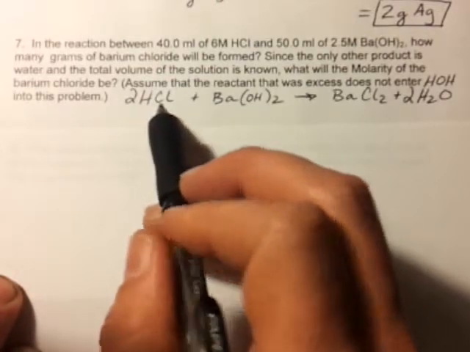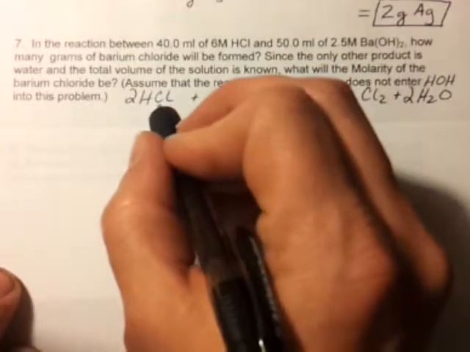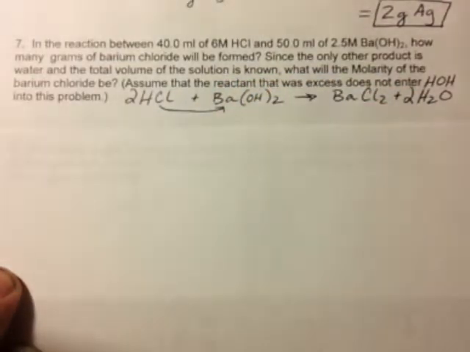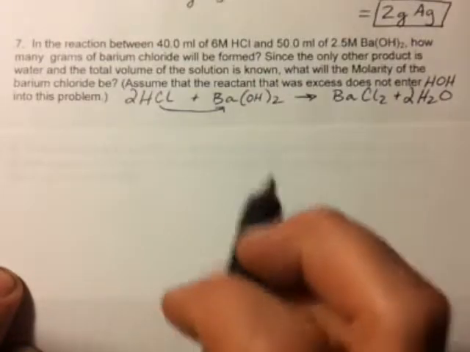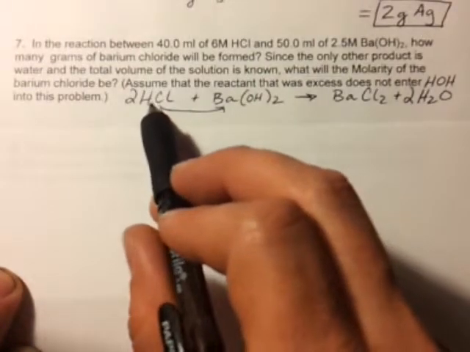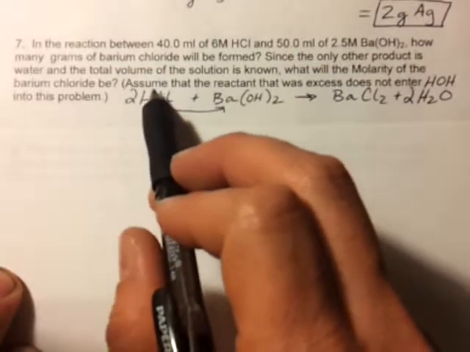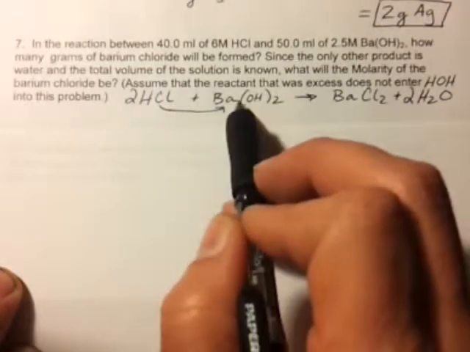Since HCl is first, I'll probably do a stoichiometry from hydrochloric acid to the barium hydroxide, and we'll see who ends up with more. Remember what the stoichiometries are telling you. I'm going to do a stoichiometry from HCl to barium hydroxide.